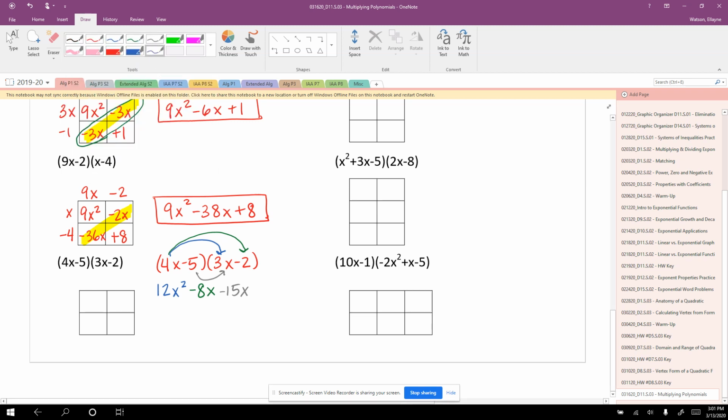And then finally, the negative 5 times the negative 2, and I get positive 10. And then now, I still need to combine my like terms. And I get a final answer of 12x squared minus 23x plus 10.